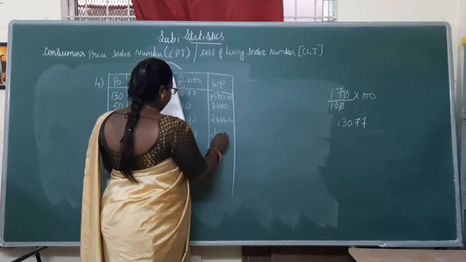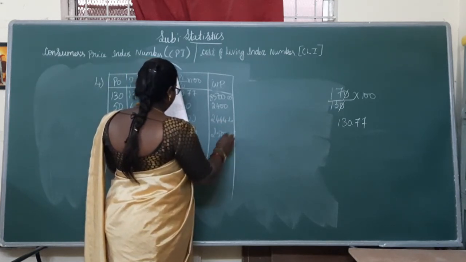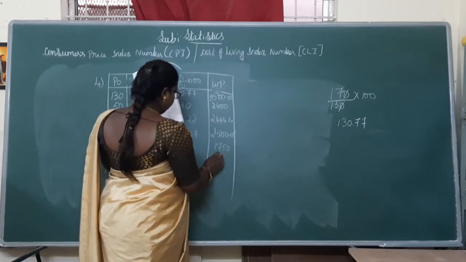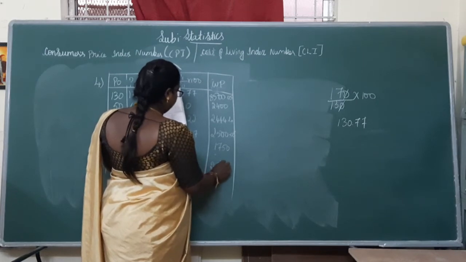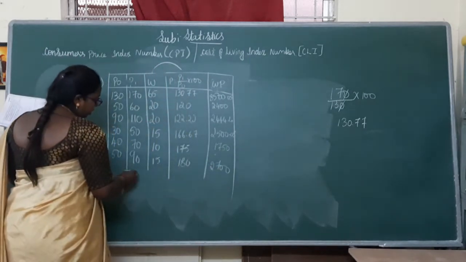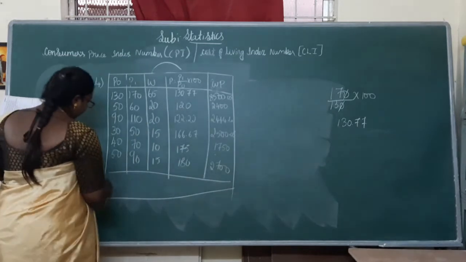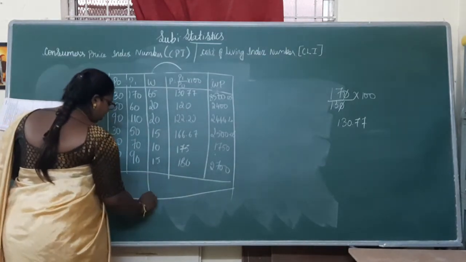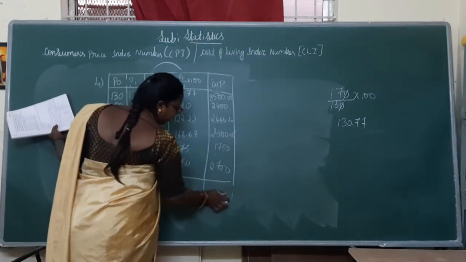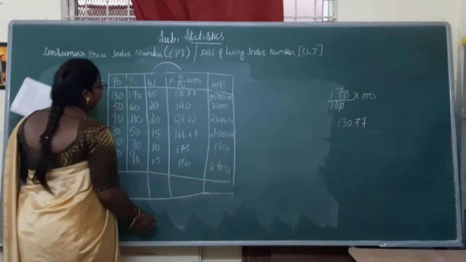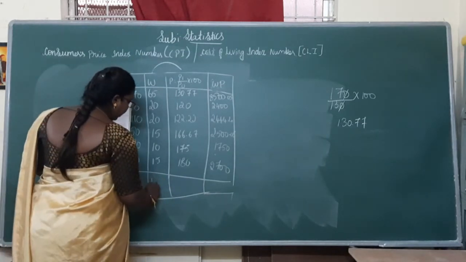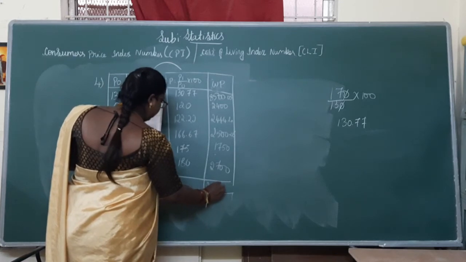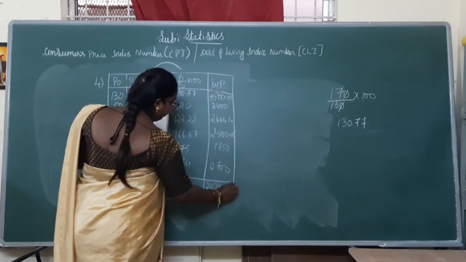Then 2500.05. Next 1750. Then I get 2700. Now I need to take the total for my weight and for the weight-price. That I will get here 145, and here I will get 20294.5.